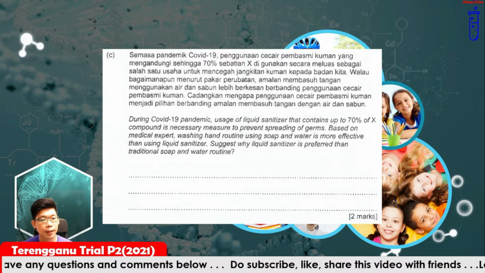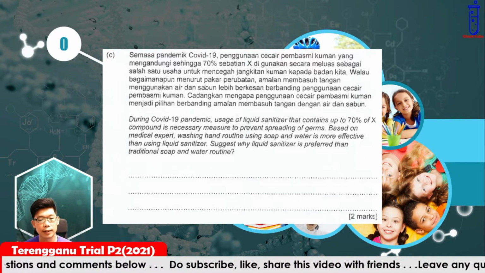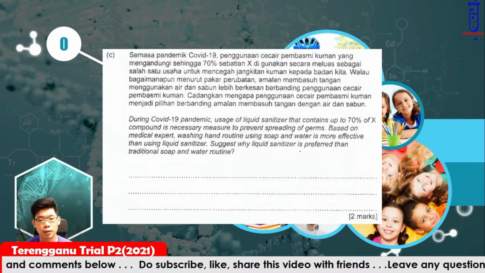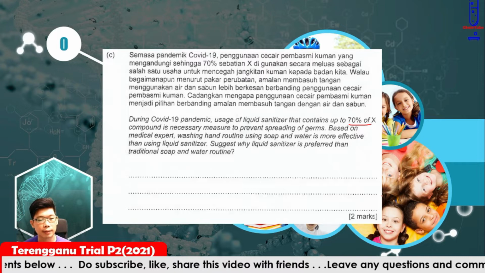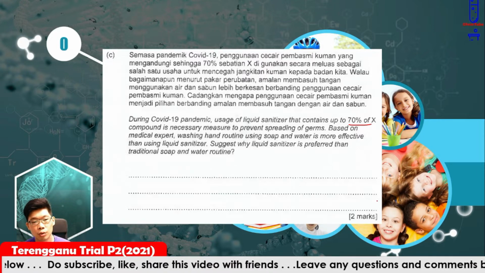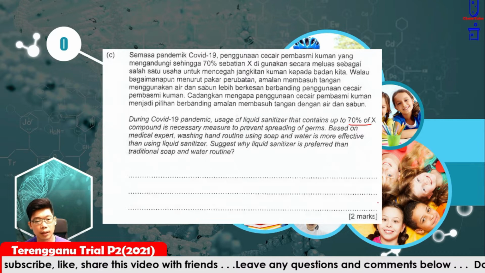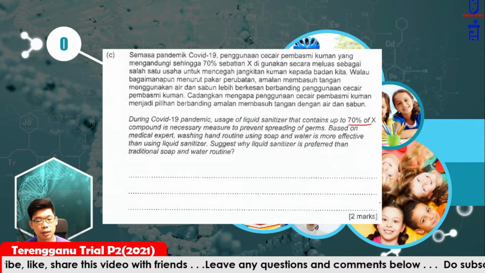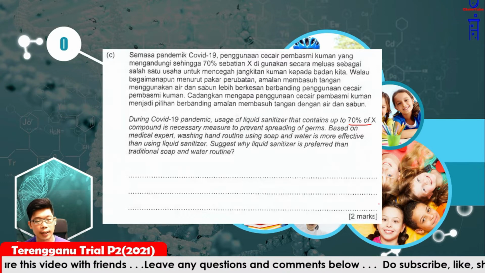Okay, C. During the COVID-19 pandemic, usage of liquid sanitizer that contains up to 70% of the compound X is necessary to prevent the spreading of germs. Based on the medical expert, washing hands routinely using soap and water is more effective than using the liquid sanitizer.